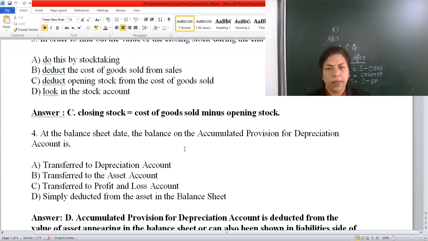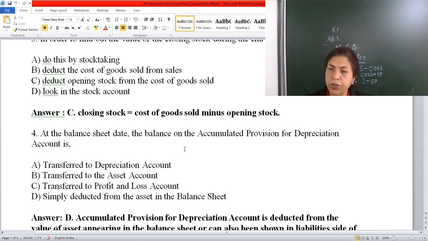Depreciation means reduction in the value of fixed asset. When the fixed asset's value is going down, that is termed as fixed asset depreciation. Land and building, plant, machinery, furniture, vehicle, all fixed assets are depreciated.